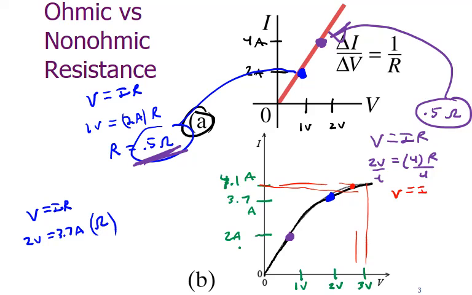V equals IR, we have 3 volts, the current is 4.1 amps, and we want to find the resistance. 3 divided by 4.1 is about 0.73. So the resistance definitely increased. This would be a great example of a flashlight bulb or another kind of light bulb, or anything that doesn't obey Ohm's law: as the temperature increases, the resistance increases.